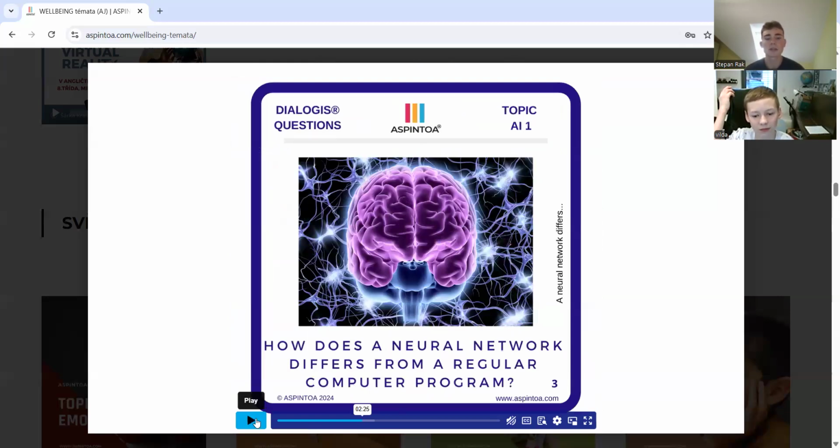How does a neural network differ from a regular computer program? I think it differs in the neural network is more advanced because of what it can do.